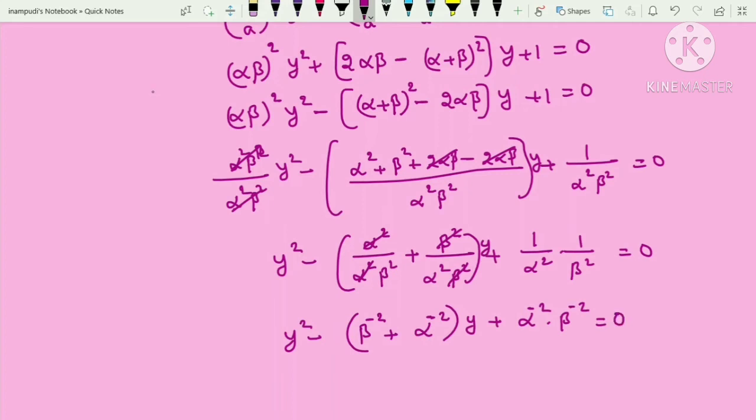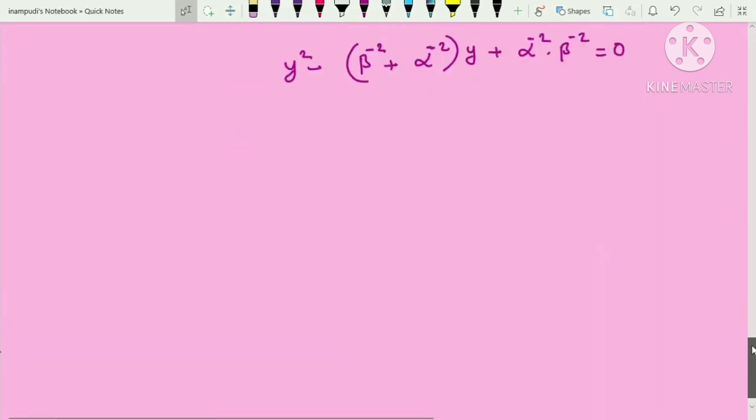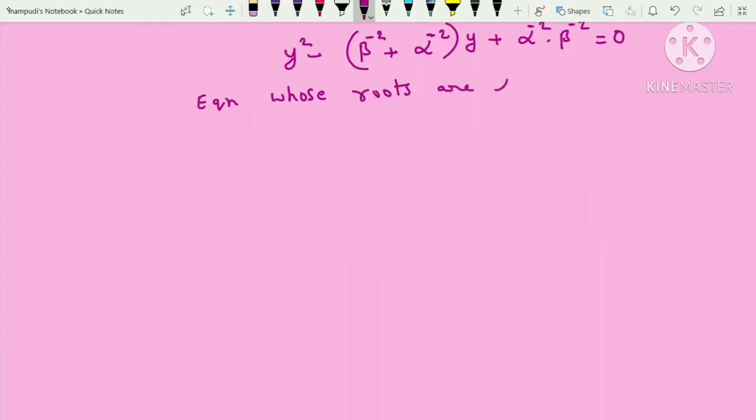So we know that the equation whose roots are alpha, beta is x² − (alpha + beta)x + alpha beta.